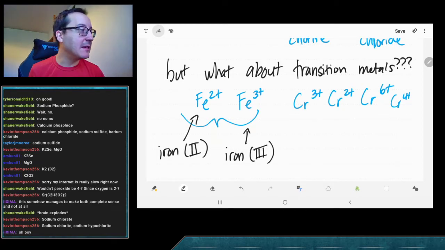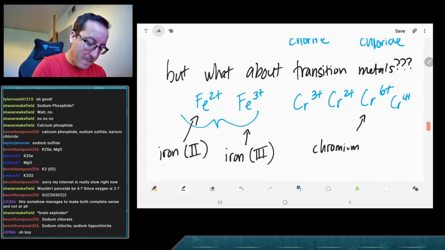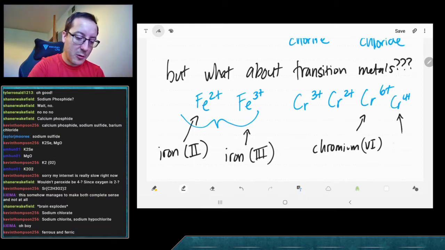We just indicate the charge of the ion in parentheses with Roman numerals. And so, for example, this would be chromium, if I could spell chromium. We would say that's chromium 6. Or this is chromium 4.